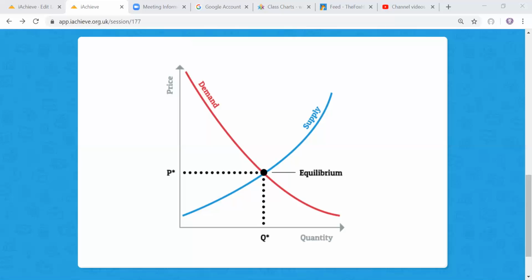Psychological pricing, where you price it just below a large amount of money, a significant increase in money. Lost leader, where you price it to make a loss, knowing that you'll make a profit on the other products that customers will be persuaded to buy. Competitive pricing.